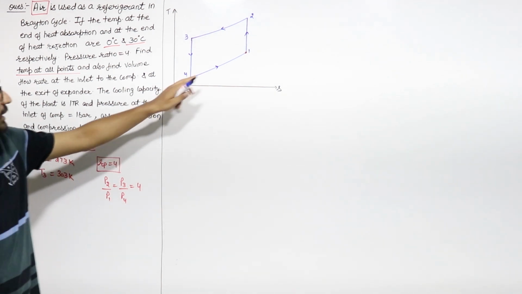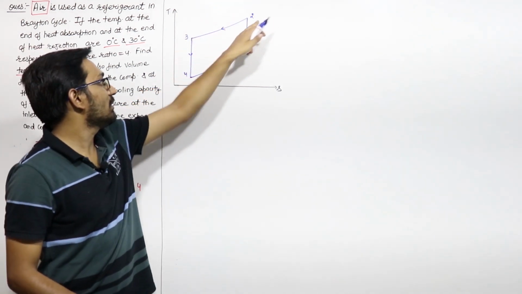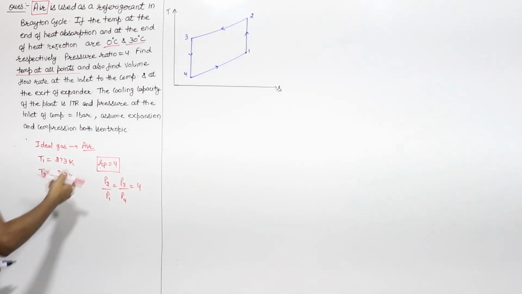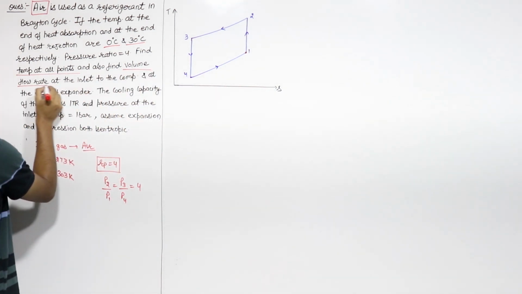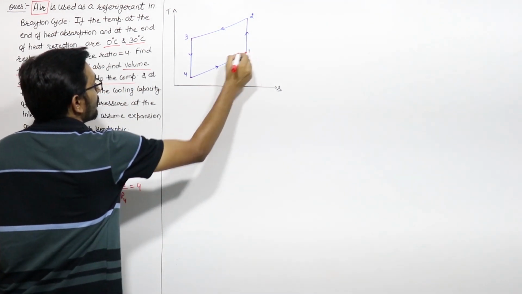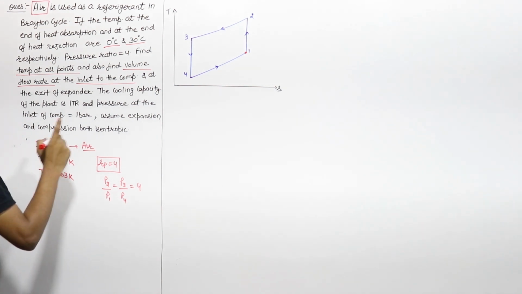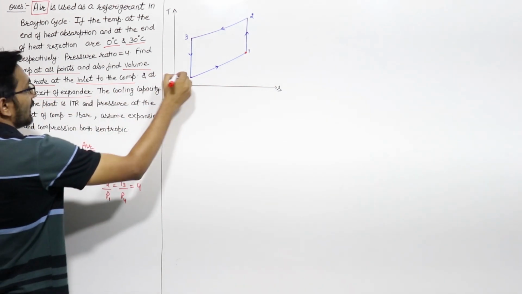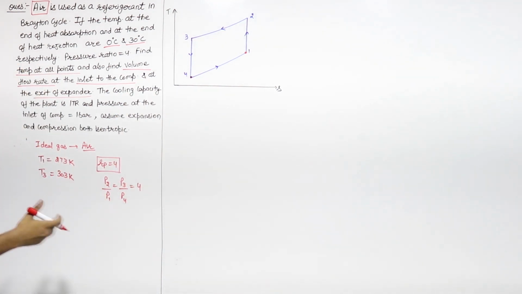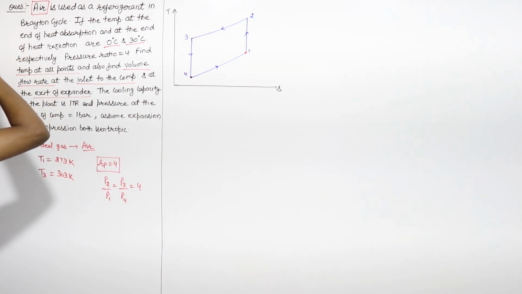T1, T3 we know, we have to find T2, T4. And also the volume flow rate at the inlet of the compressor and at the exit of the expander. What is the volume flow rate of the refrigerant, that is air.